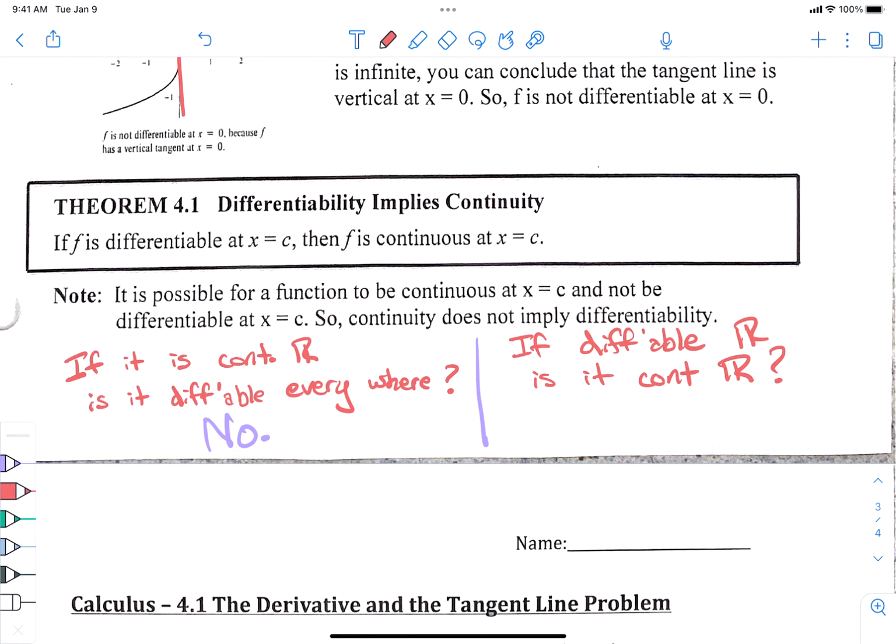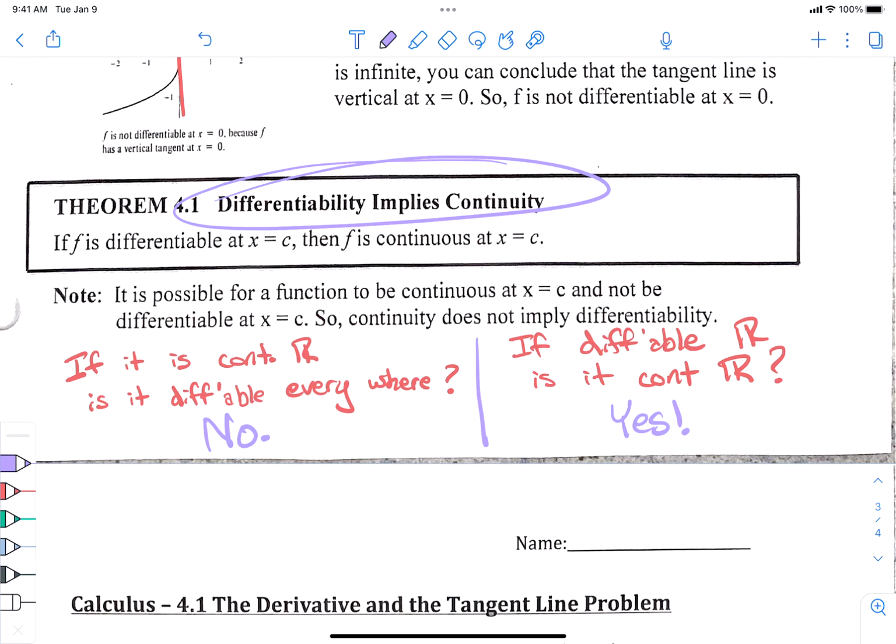If you can find the derivative at any place you want to, does that mean it has to be continuous everywhere? Yes, it does. That's what it says right here: differentiable implies continuity. If you can draw a tangent line wherever you want to, it's continuous everywhere. If it's continuous everywhere, though, it doesn't necessarily mean you can find the derivative. Doesn't mean those places are nice.